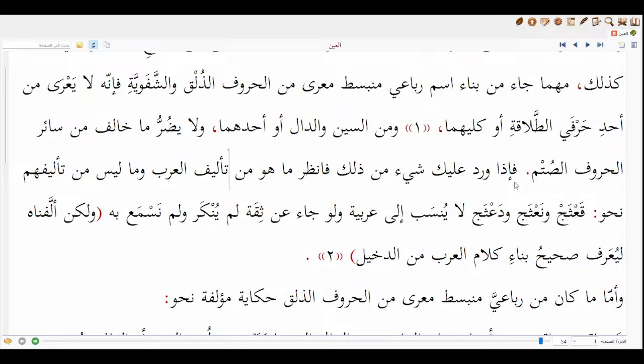Look at that which is according to the ta'lif of the Arabs, meaning the way they normally make the word, and that which is not like how they make the words. Like how we say قعثج, نعثج, دعثج. لا ينسب إلى عربية. These will not be classed as Arabic words, even if they come from a reliable individual. He himself will not be rejected. Like we won't say that he's now unreliable. However, we will not listen to him. لم نسمع به.